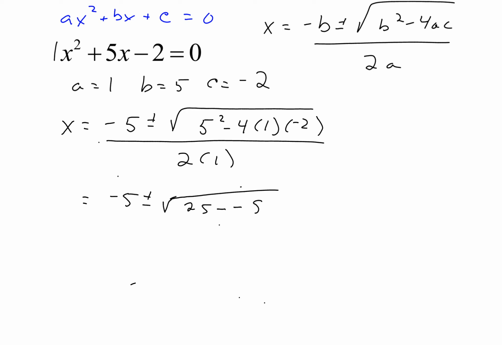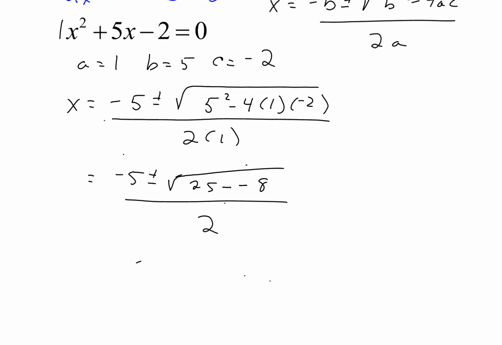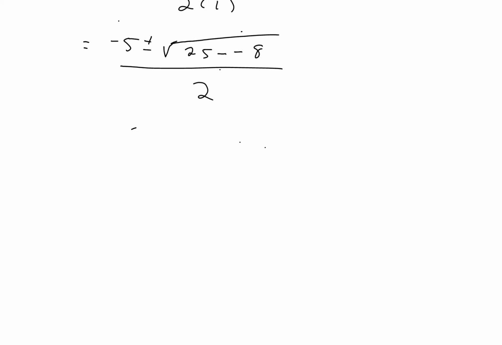So that's 25 minus -8 all over 2. So x equals -5 plus or minus the square root of, we'll make this adding the opposite, 33 over 2. You can't take the square root of 33, so that's the answer.